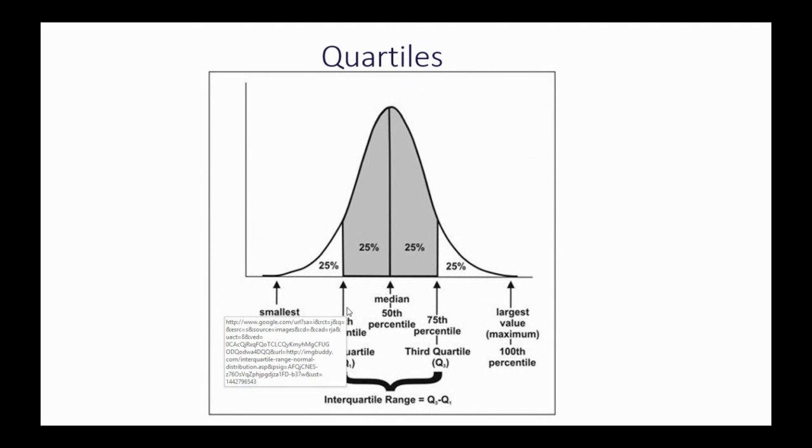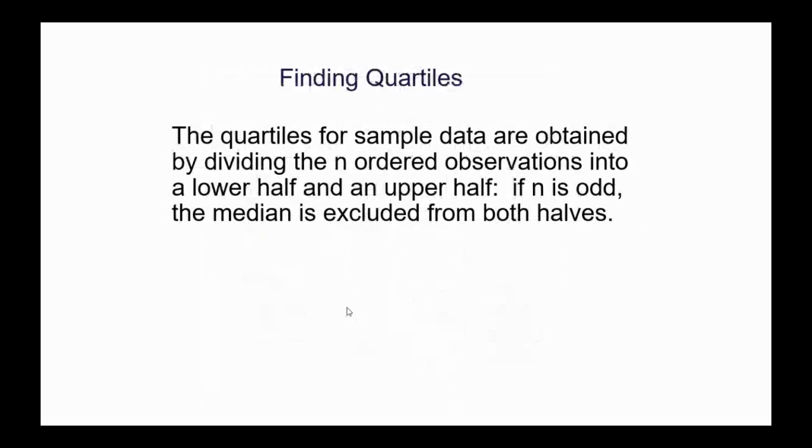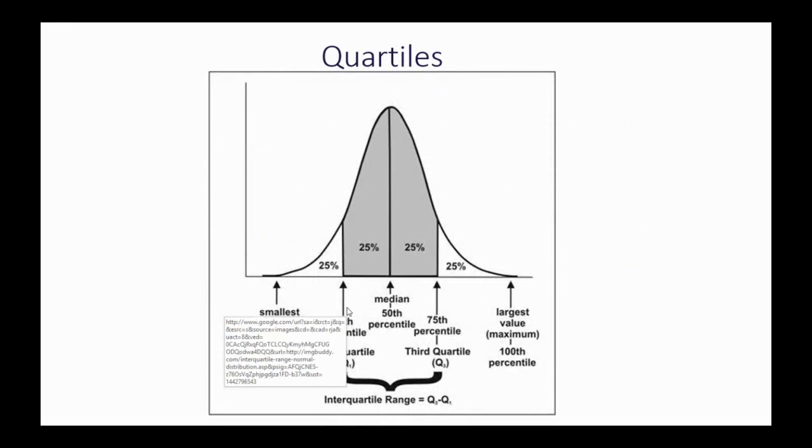So that's what this chart is saying here. Go back. That's what this chart's saying. So here's our data. It's a symmetric normal curve. The first quartile is right here. It separates the top 75% from the bottom.